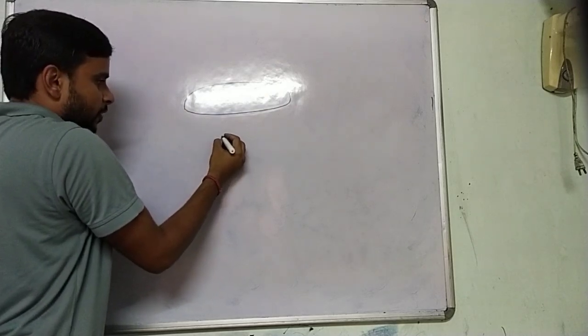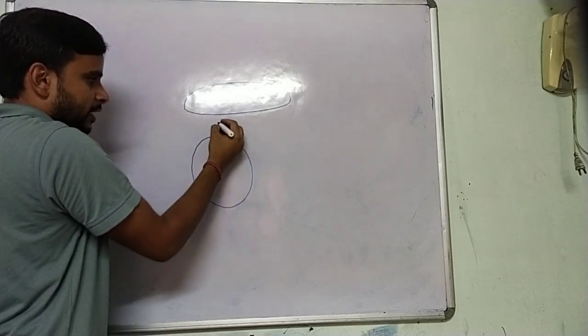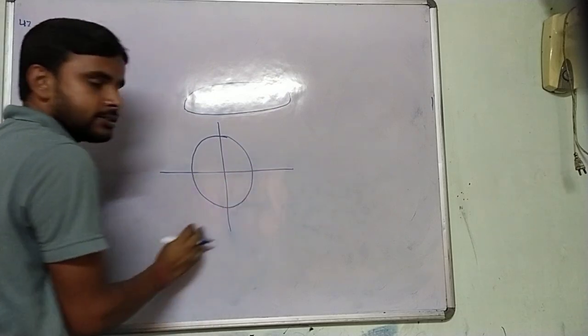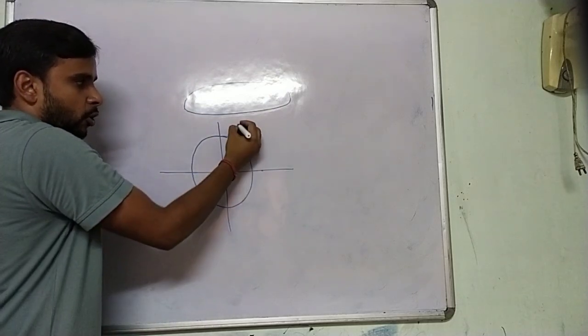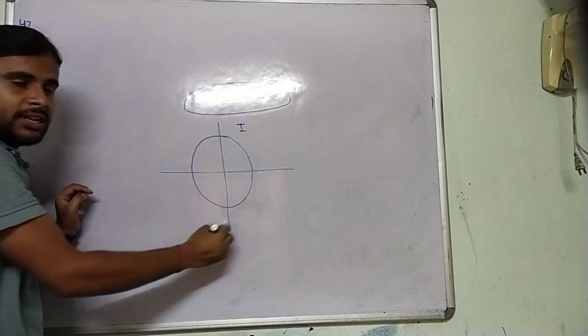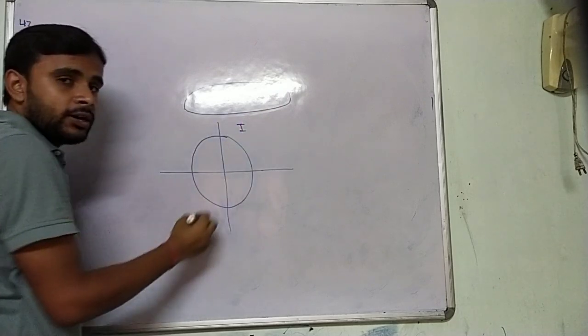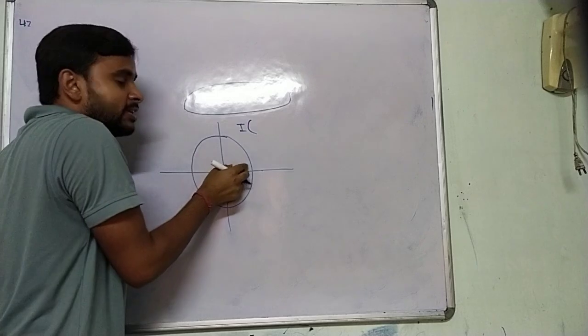Now see, suppose if I divide the whole circle into 4 quadrants, and if I start from this point, and if I move anti-clockwise direction, we find that this is the first quadrant. What is the range of first quadrant?